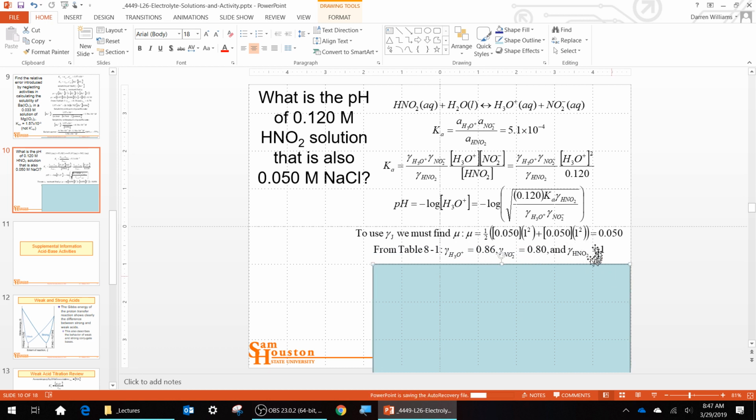And notice this one. This is the one where you might screw up. This is the nitrous acid. It's not charged. And so these activity coefficients are really taking into account the distortion or organization, if you'd like to think of it that way, of water due to the charge. And so uncharged species have a gamma of 1.